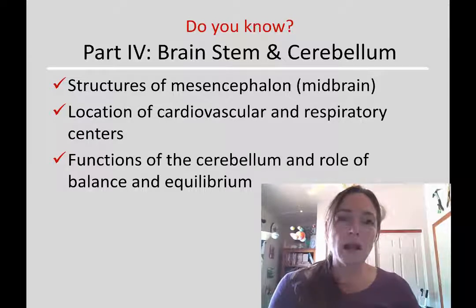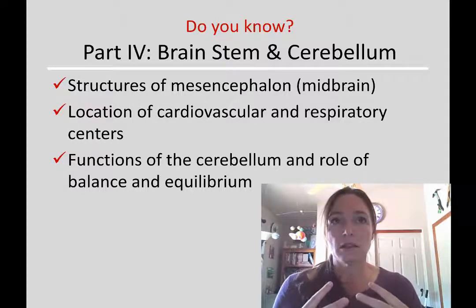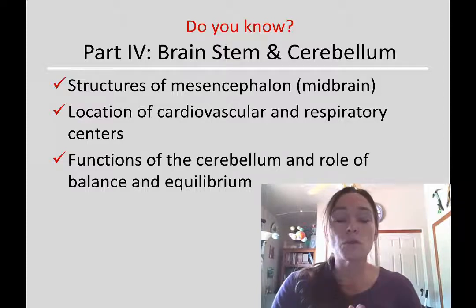So the medulla oblongata has both a respiratory and a cardiovascular component to it, whereas as far as we're going to need to know in this class, just focus on the pons being the driver of the respiratory system.